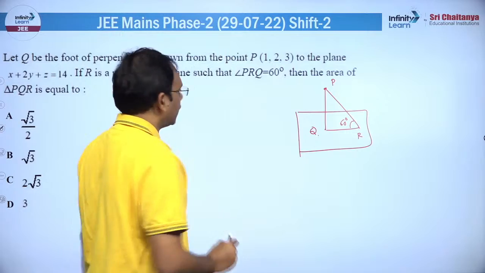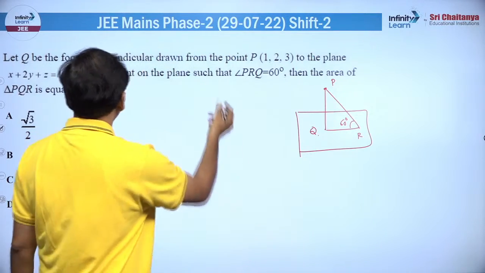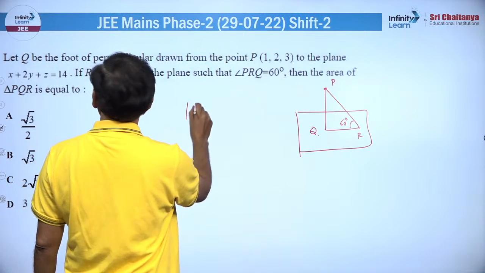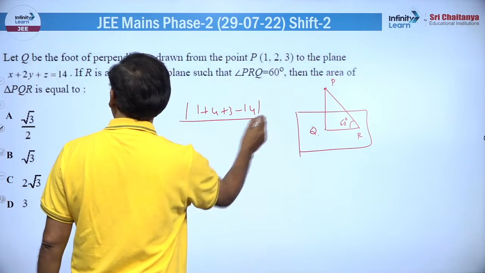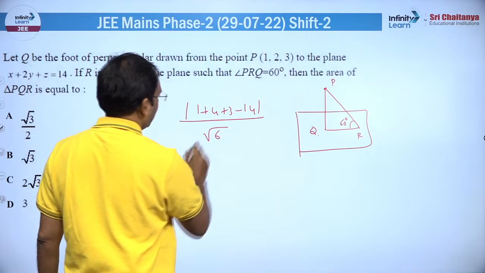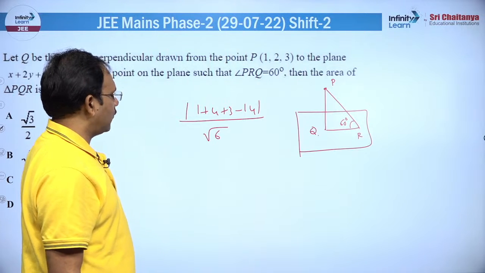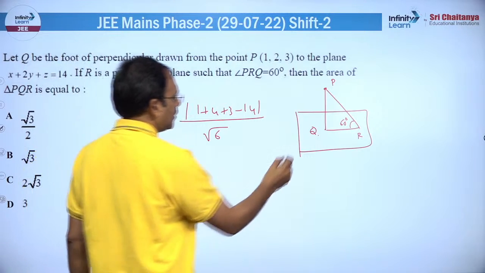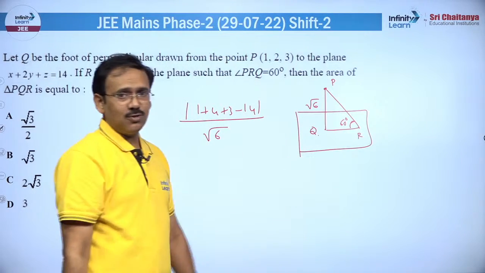Then he is asking about the area of triangle PQR. It is very simple, you just find the perpendicular distance. This is 1 plus 4 plus 3 minus 14 by root 6, my dear friends. This I can say is 8 minus 14, which is 6 by root 6, which means this perpendicular distance is root 6. Now trigonometry comes into action, right.